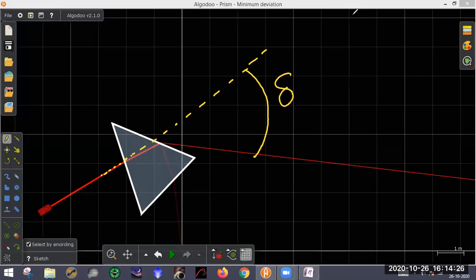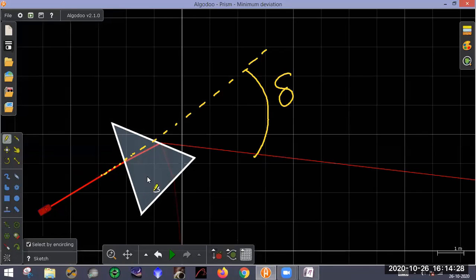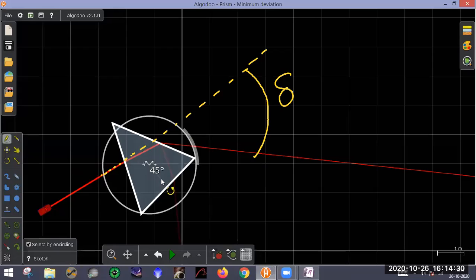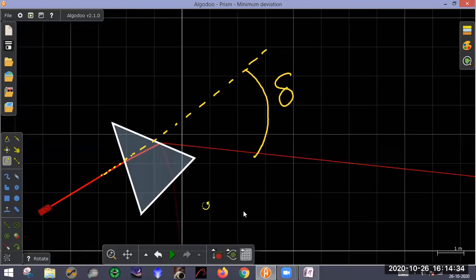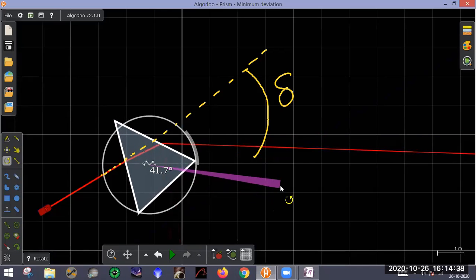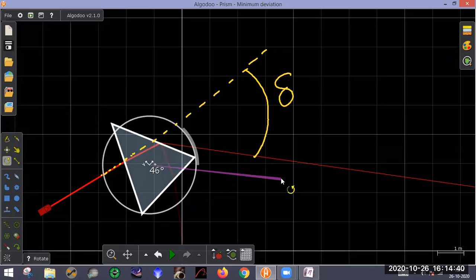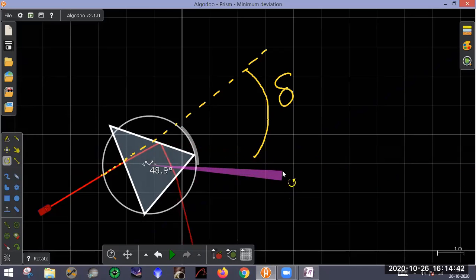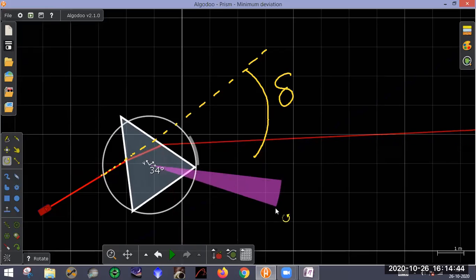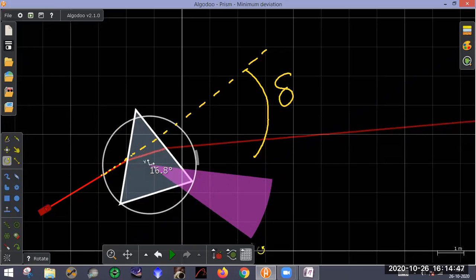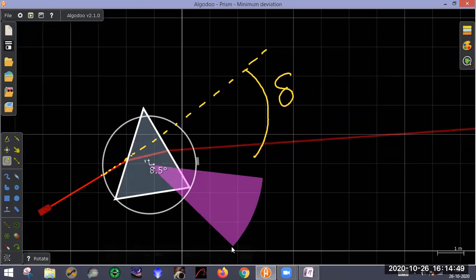Let me just show it one more time. If I turn the prism gradually, you see we started off like this. The ray is going up, so deviation decreases, and then once again it starts to increase.